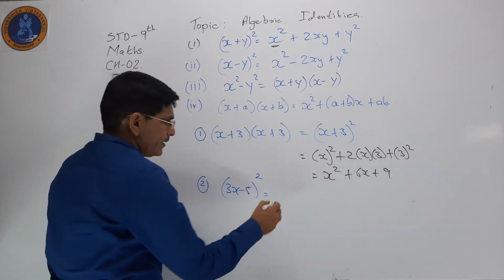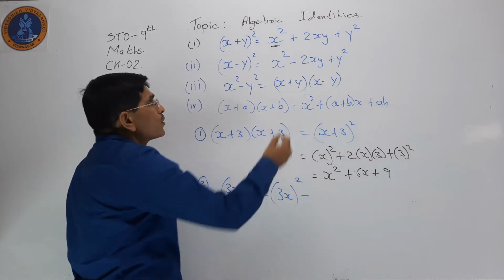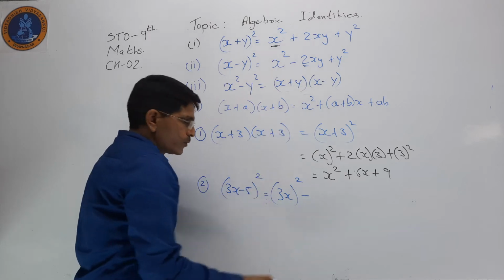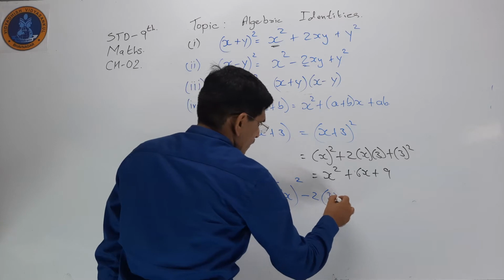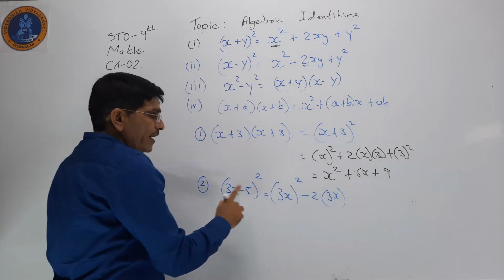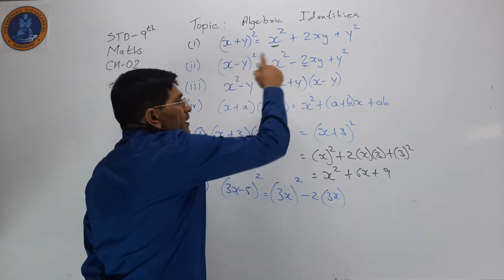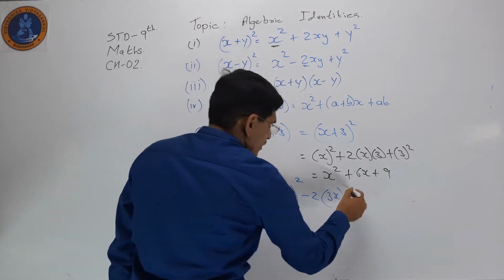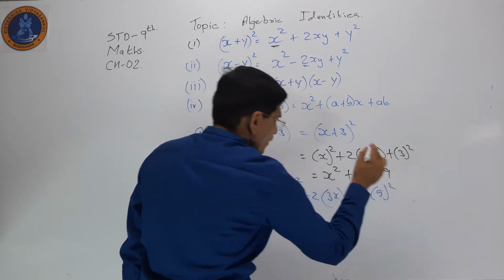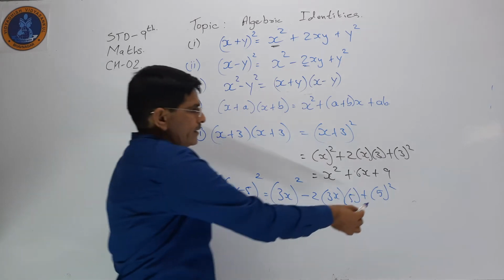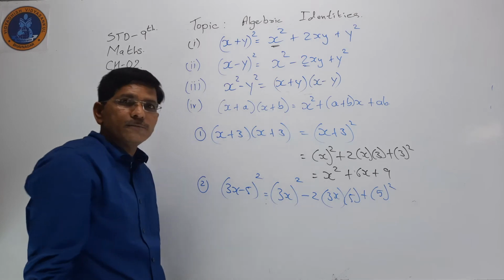Then I write (3x) whole squared minus 2 into 3x into 5, plus 5 square. We write only 5 here, not minus 5, because the minus sign is with the identity. That is most important. Don't put a negative sign inside, because the negative sign belongs to the identity.